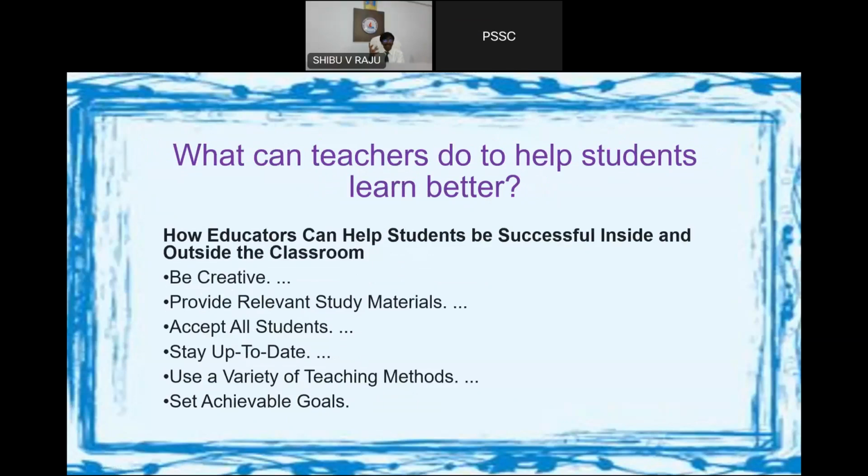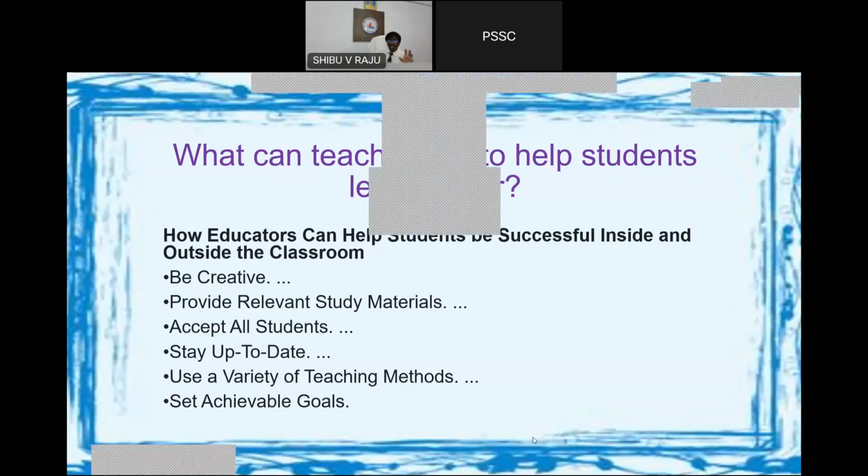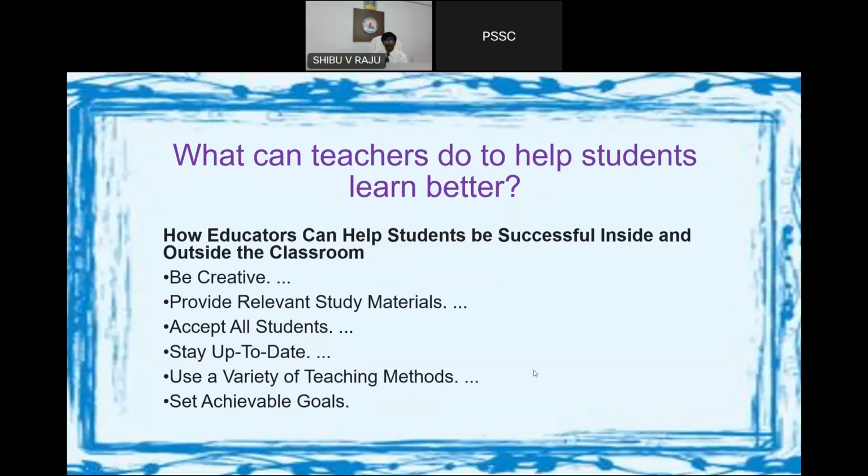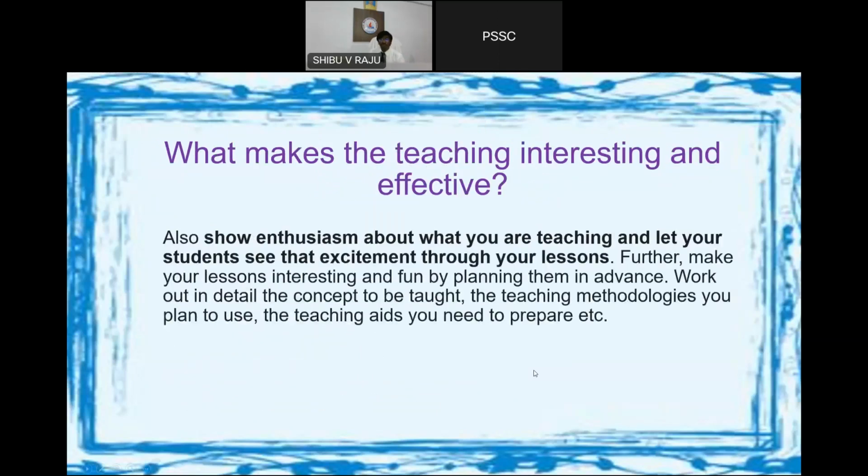So it's our responsibility to come to that level. So be creative. When I'm making use of a teaching aid, it is not simply made. Creative, interesting, accepting of all students, stay up to date, use a variety of teaching methods, set achievable goals. These things should happen in the class whenever I set a teaching aid. So some enthusiasm should be there related to this teaching aid.